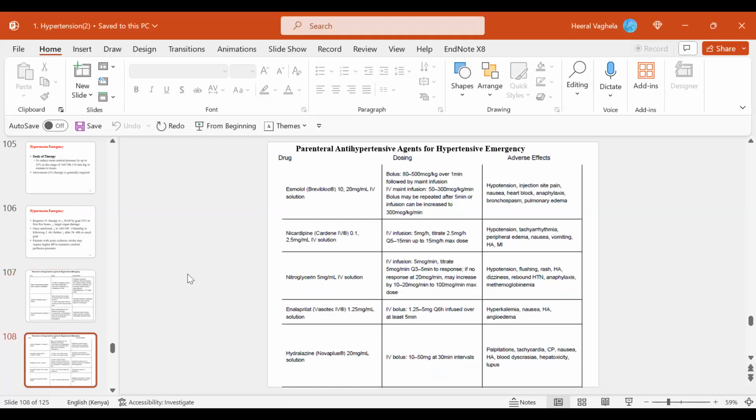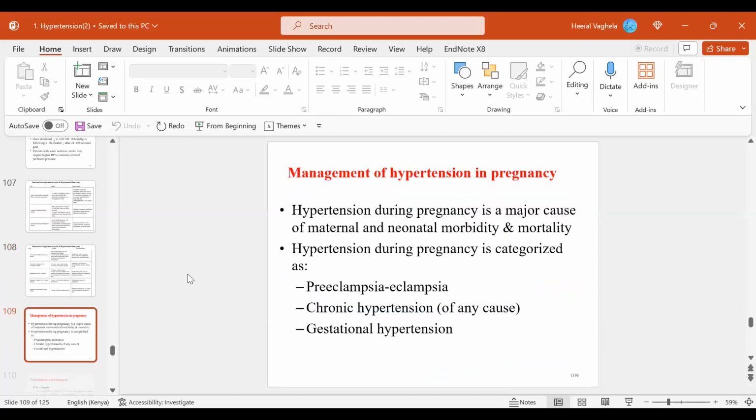It's more of an emergency because there is now target organ damage. All of them are used as IV: nitroglycerin, enalapril, hydralazine.